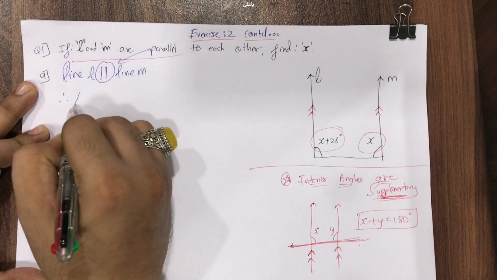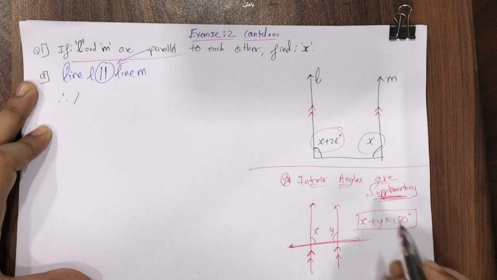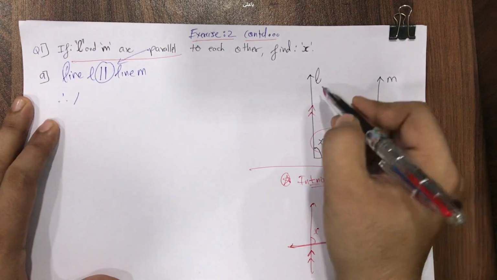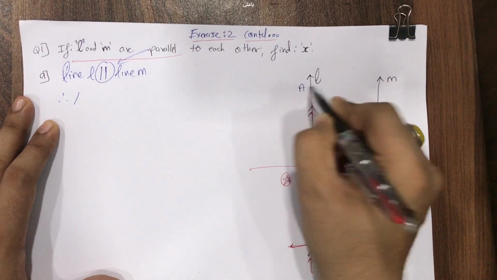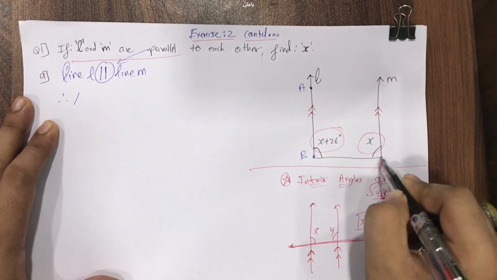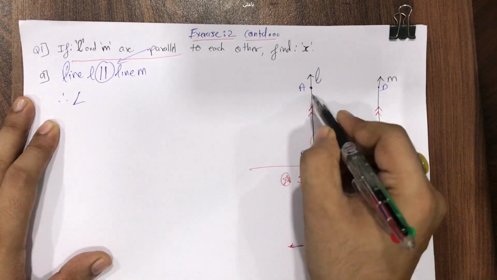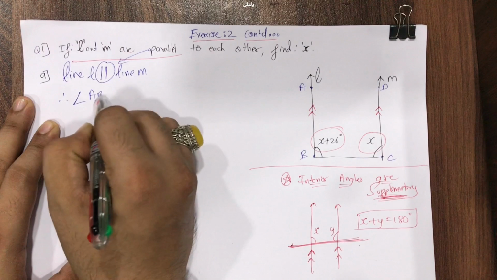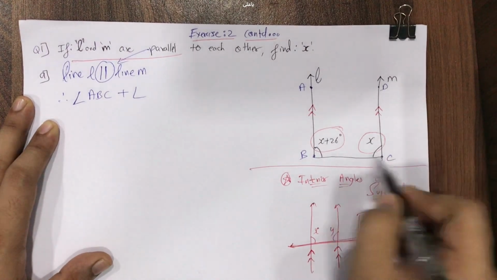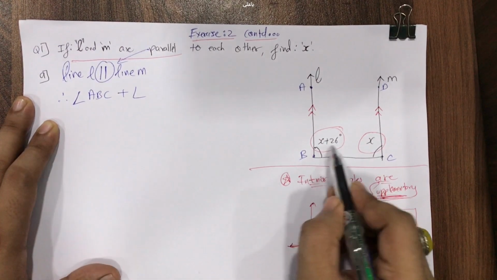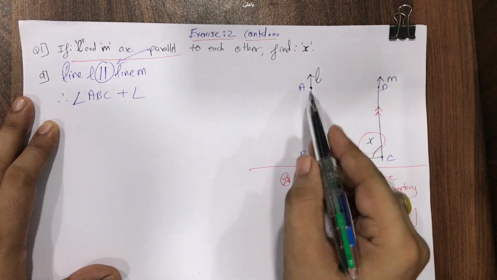Okay, therefore angle, see here the naming is not given, it's not named. I'll name it from my side. A, B, C, D, you can name it anything. So angle ABC plus angle DCB. This x plus 26 is named angle ABC.